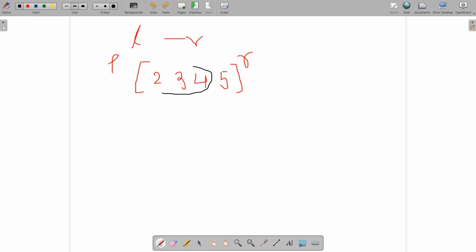This gives me the idea that if I am working on a length, let's say the current length is 4, then I need to know the answers for all lengths less than len.